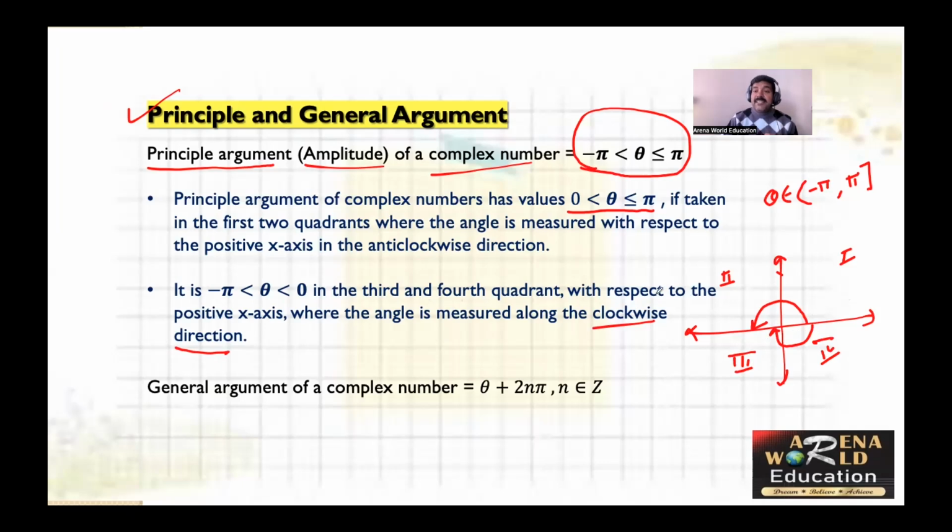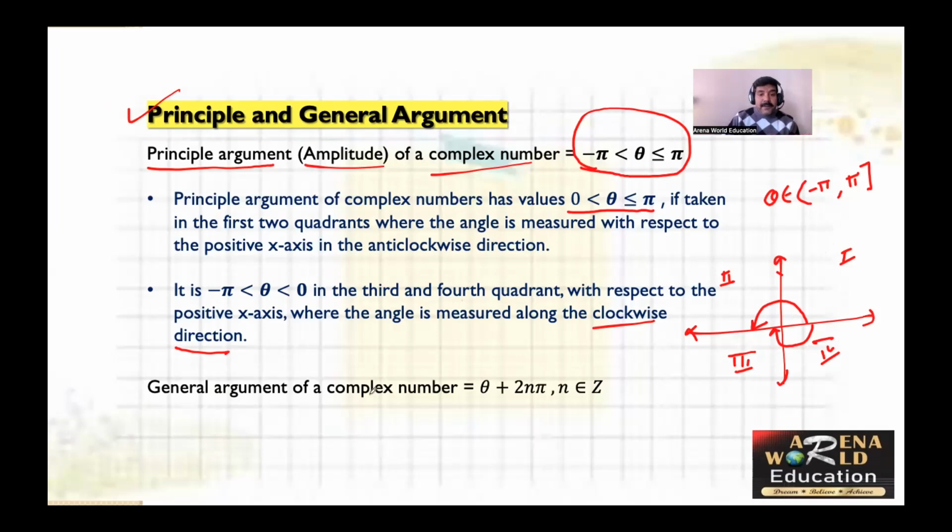In first and second, it is measured anti-clockwise, but in third and fourth, it is measured clockwise. I hope this is clear. In first and second, theta will be positive, but in third and fourth, the principal argument will be negative.